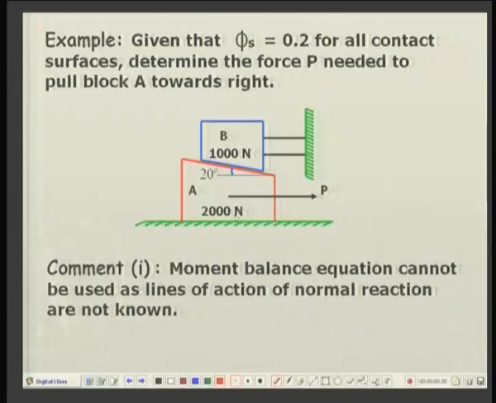A third example where we have to imagine in what direction the relative motion is going to take place. Looking at the geometry of the problem, we have to examine how the motion of various surfaces is going to take place.